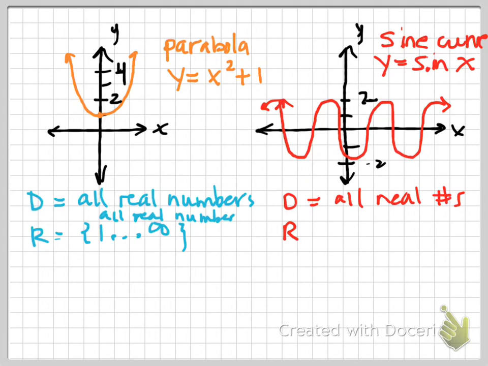Okay. It goes down to -2, and it goes up to 2. So it's real numbers from -2 to +2. Okay? So that's the kind of thing that you guys are going to explore on that second page for your homework.